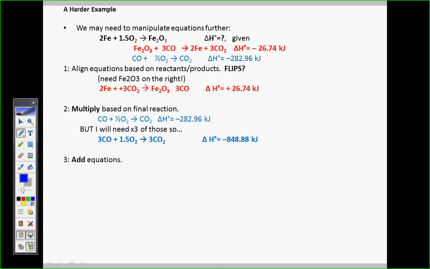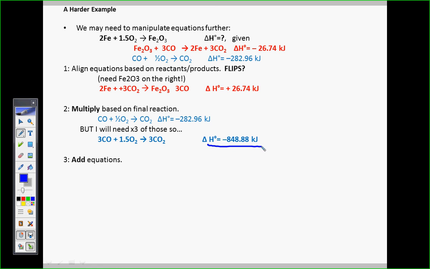And now this goes back to, remember, per mole? This was per mole, and now I've got per 3 moles. So now I have 3 times that. So I had negative 200, now I have negative 800.